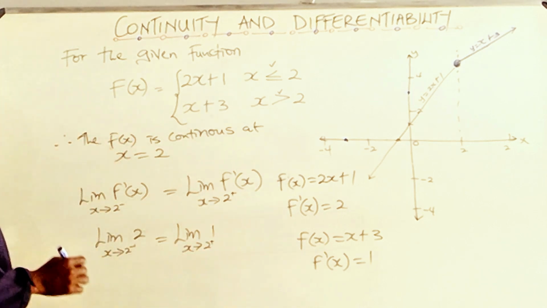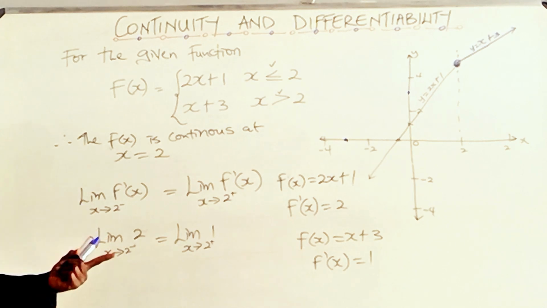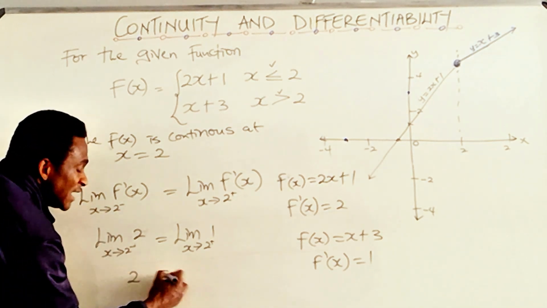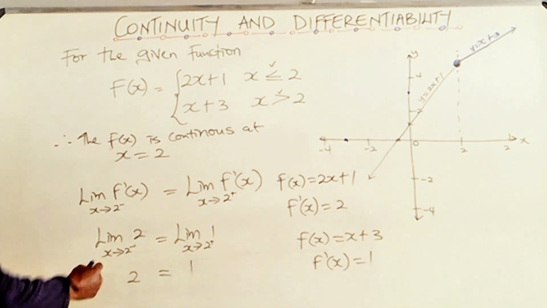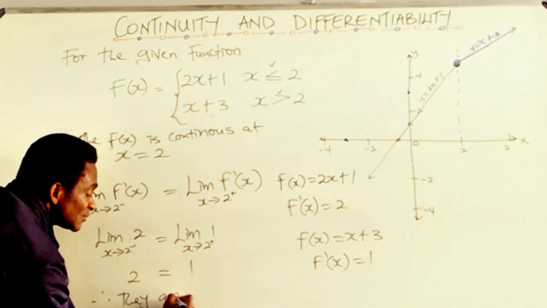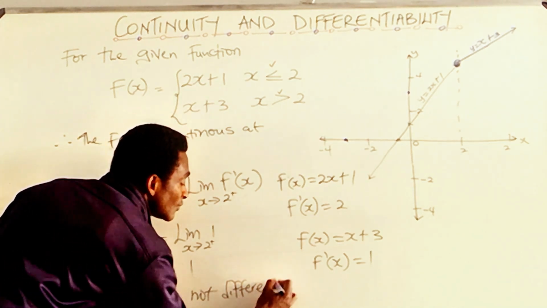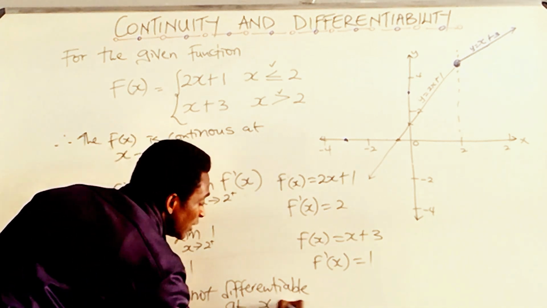Note that the limit of a constant as it tends to any number from anywhere is still that constant. So the limit of this is 2 and the limit of this is 1. With this, we can say they are not differentiable at x equals 2.